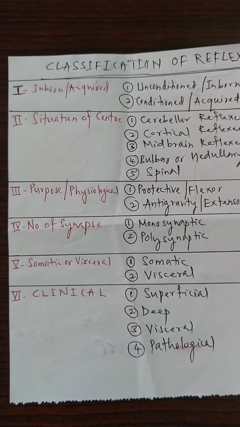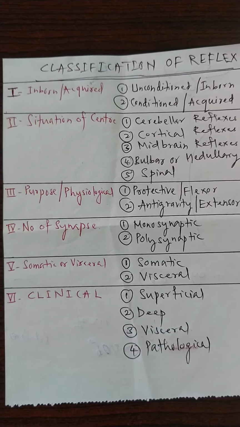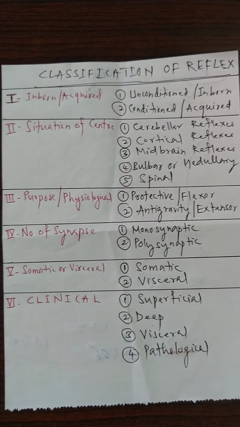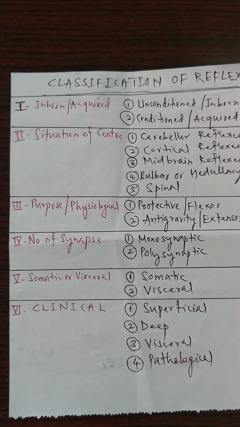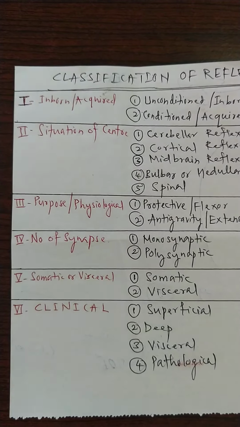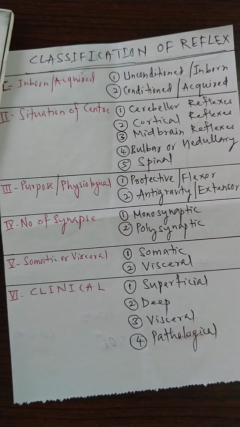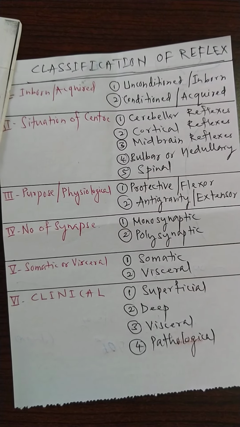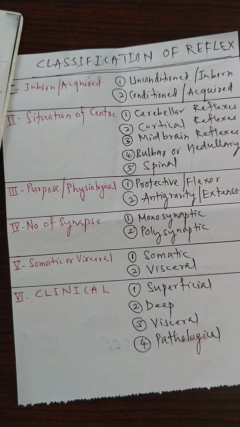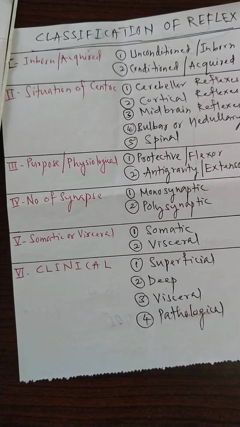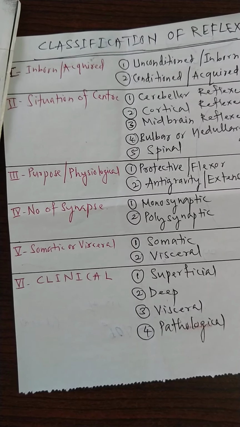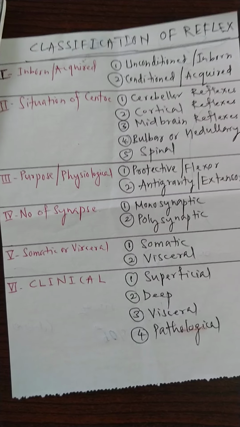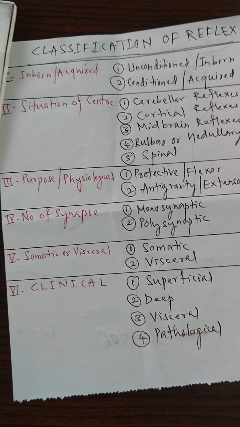In somatic reflexes the reflex arc is formed by a somatic nerve, and they are mainly involved in the functions of skeletal muscles. The second type is visceral. Here the reflex arc is mainly formed by autonomic nerves, and such reflexes are seen in organs, glands, and smooth muscles.